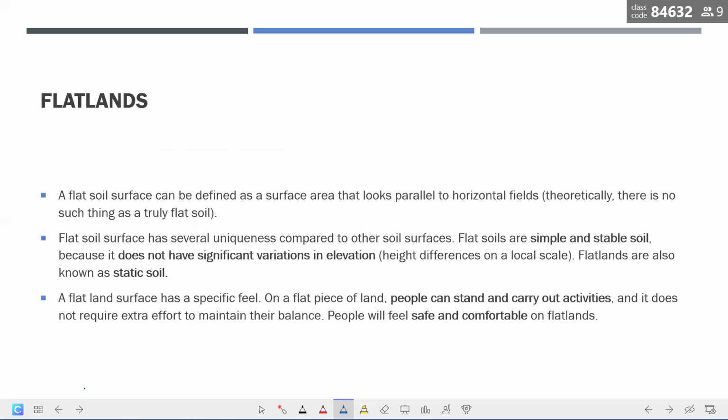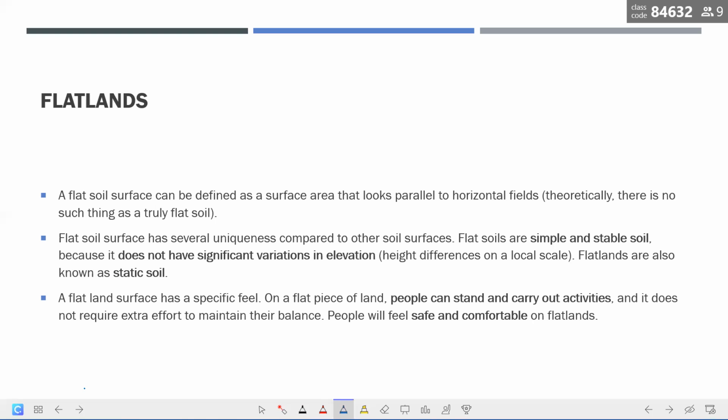Theoretically, there is no such thing as a truly flat soil, a perfectly flat soil. And we don't want a perfectly flat soil because perfectly flat soils are prone to puddles. However, a flat surface or flatlands are not necessarily boring in a sense.